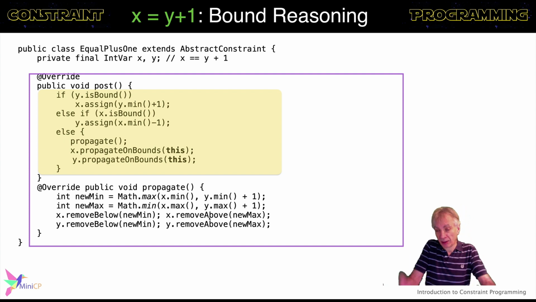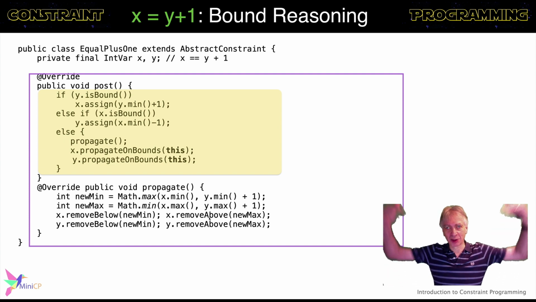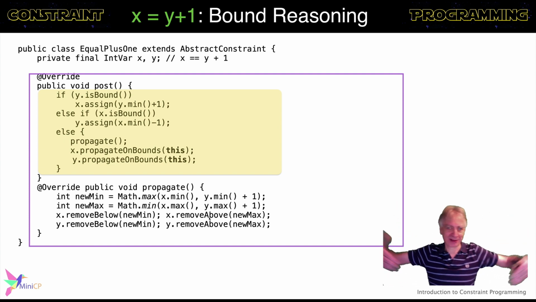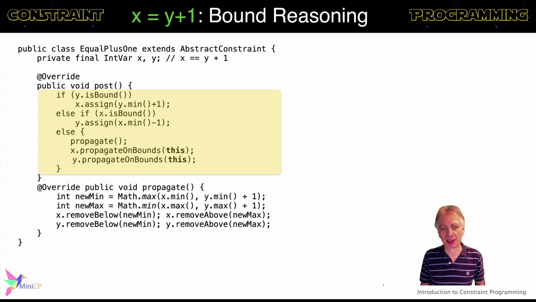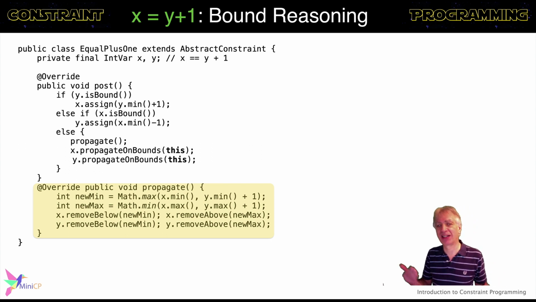Now, if during that process you are actually updating the min of x or the max of x, or the min of y or the max of y, then some other constraints are going to be put inside the queue and propagated. So this is what is happening. This propagation is going to be called every time x and y have their bounds modified.